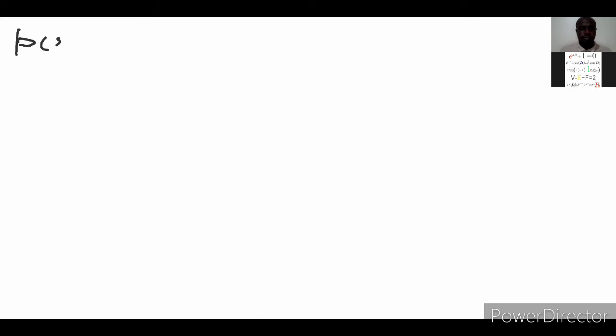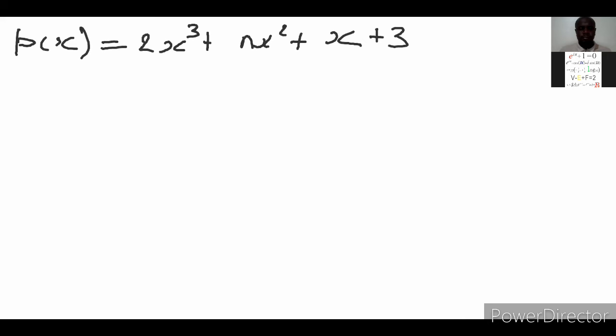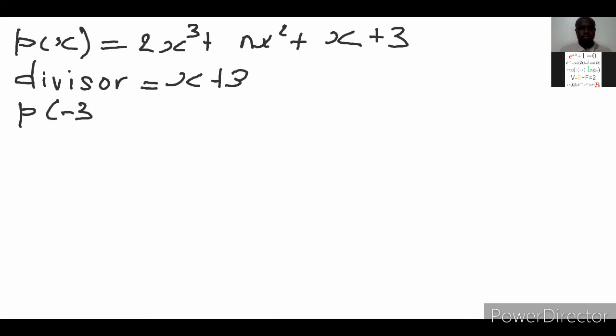P of x is equal to 2x cubed plus nx squared plus x plus 3, where the divisor is equal to x plus 3, and p of negative 3 will be equal to 0 by the factor theorem.